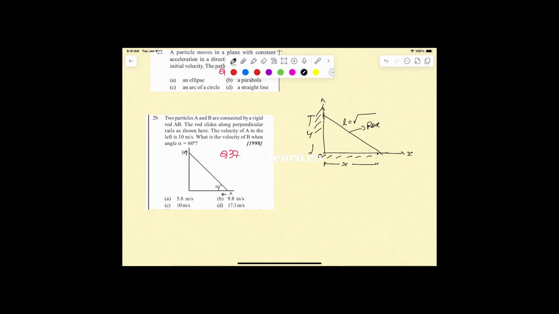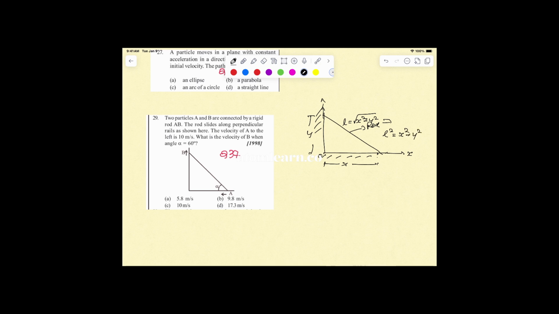Therefore, the length of the rod at this particular time is given by L equal to root of x squared plus y squared, or you can write it as L squared is x squared plus y squared. Fine.